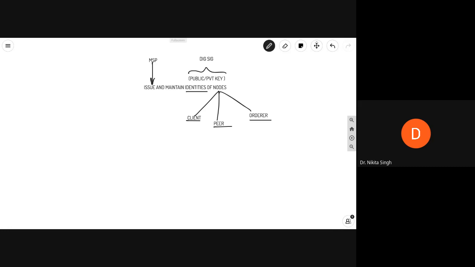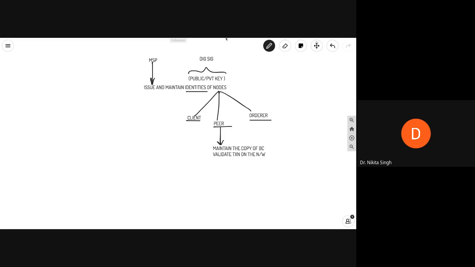The peer maintains a copy of the blockchain and validates the transactions on the network.